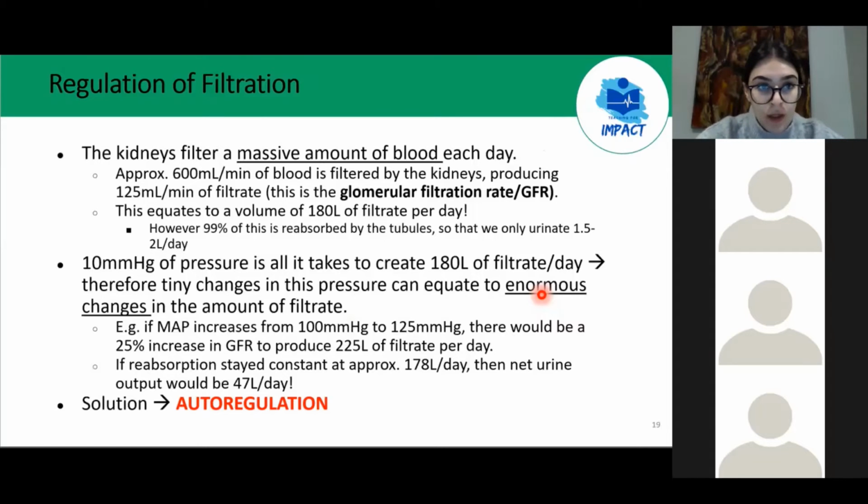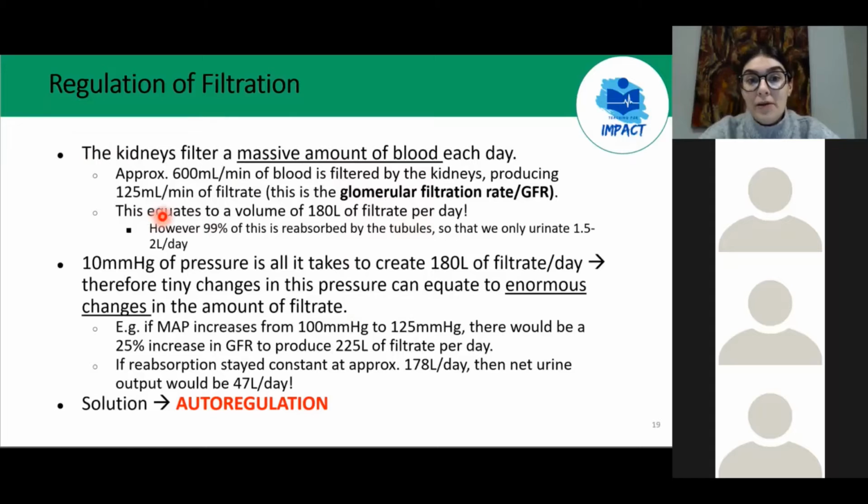So this filtration is a finicky mechanism and it needs to be regulated. A good way to explain why this needs to be regulated is to calculate how much blood the kidneys are actually filtering a day. So if we have about 600 ml of blood being filtered by the kidneys every minute, that's producing about 125 mils of filtrate every minute.